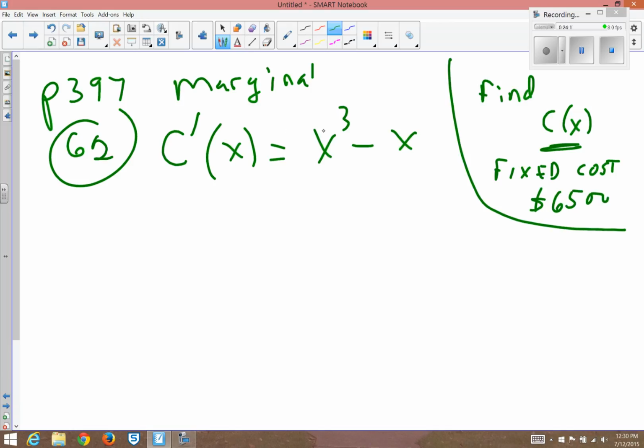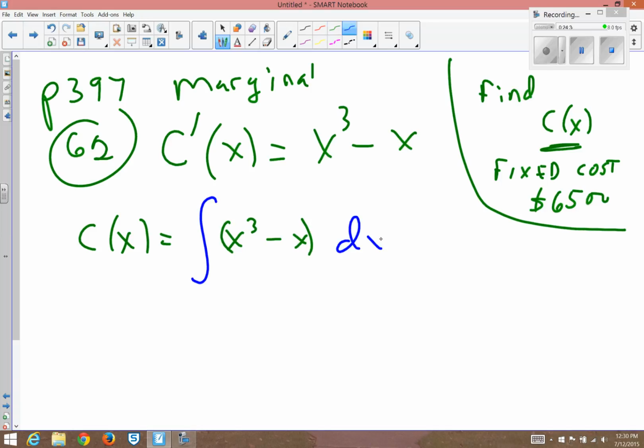Since C prime is given and we want C of x, C of x has to be the antiderivative of C prime. So when we put this blue symbol, that indicates that we want the antiderivative of what's in between the blue. And here's how we do it. We distribute both blue symbols, like so.